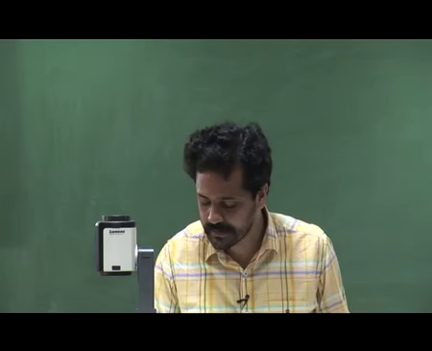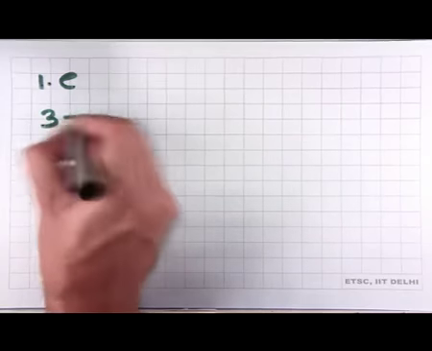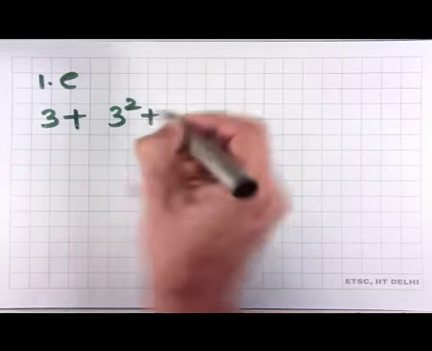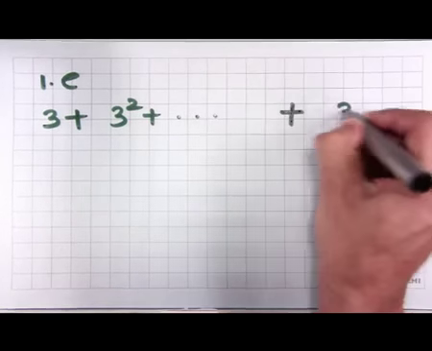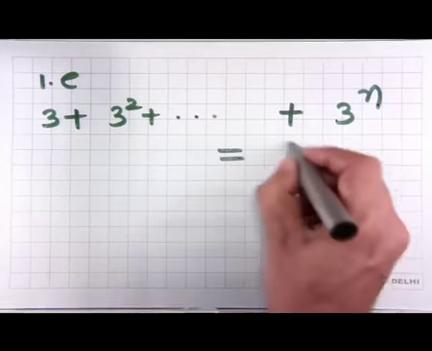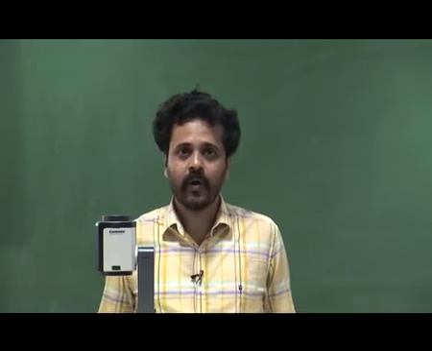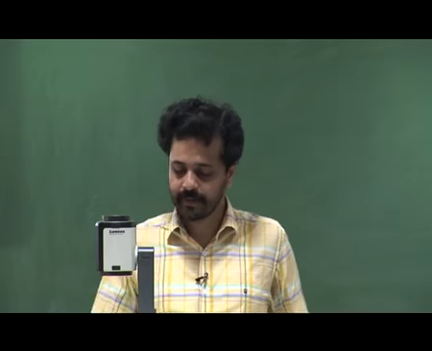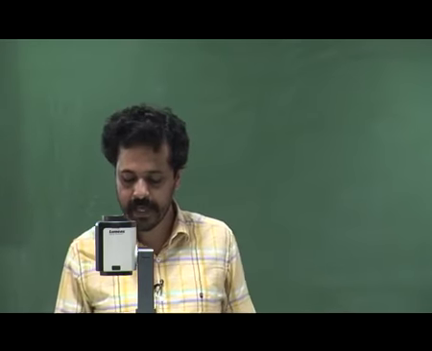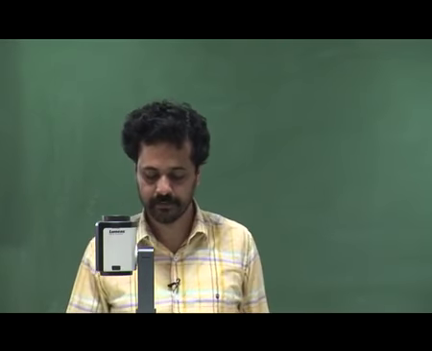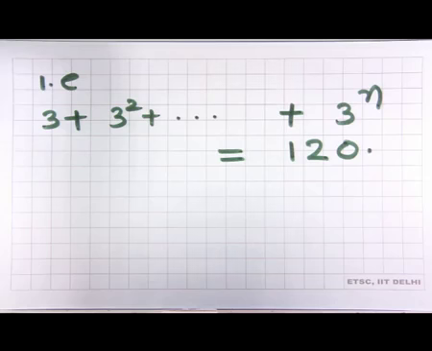Substituting this value, 3 plus 3 square plus etc. up to 3 power n is 120. Thus, collecting all the information given in the question, we end up with this equation: 3 plus 3 square plus etc. plus 3 power n equal to 120.